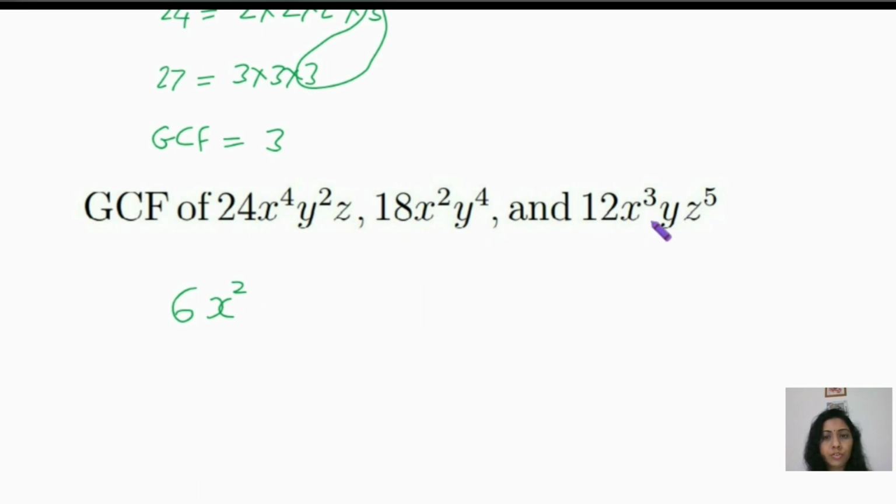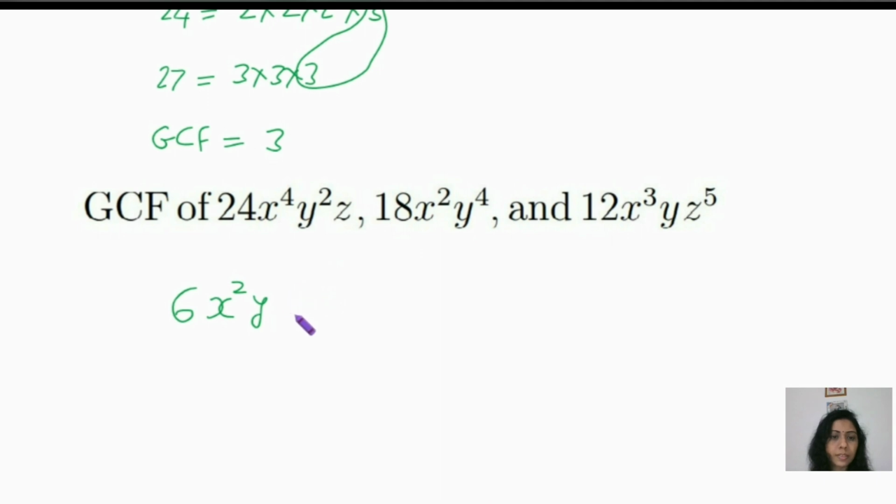We choose the lowest one, y to the power 1. For z, one term has no z variable, so we can't take z in the greatest common factor. So this is our greatest common factor of these three monomials.